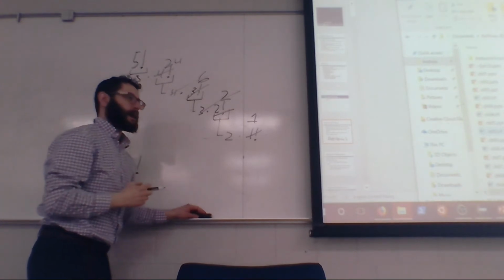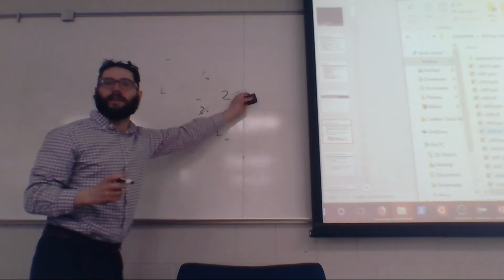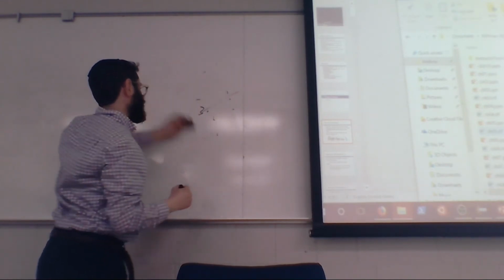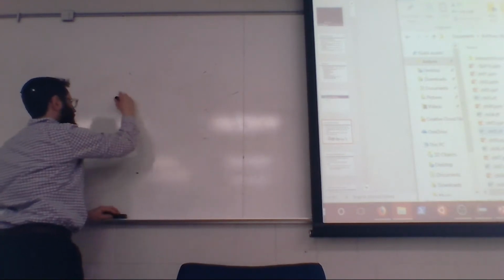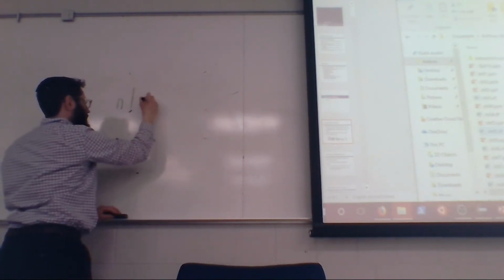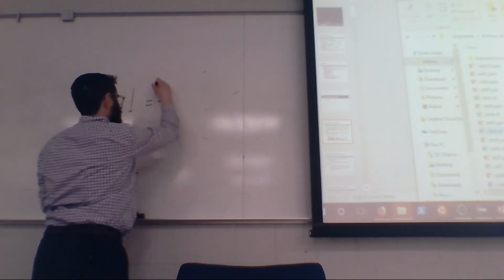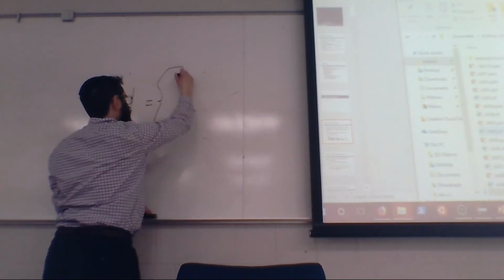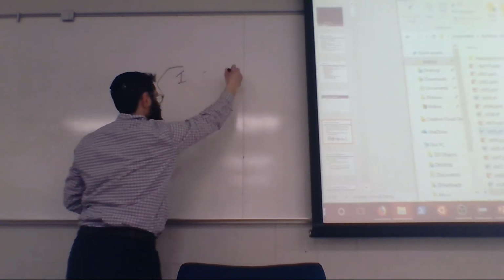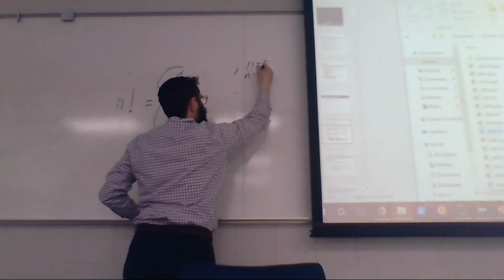We can actually put this down as a math equation, which is really nice, and then you'll start seeing why this is really cool. We can specify that n factorial is equal to one of a couple of options. It's 1 when n equals 0 or n equals 1.